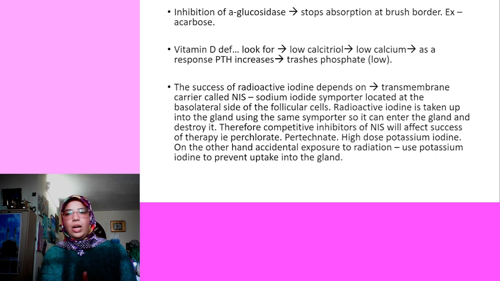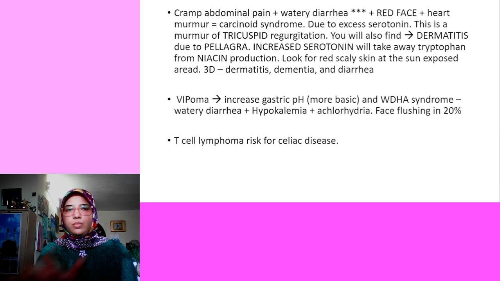So for example, that includes perchlorate, pertechnetate, and potassium iodide. On the other hand, if, for example, you are exposed to high levels of radiation, if you take the potassium iodide, it's going to overwhelm the NIS. It's going to fill up the whole gland with this potassium iodide instead of the radioactive iodine. So it works both ways.